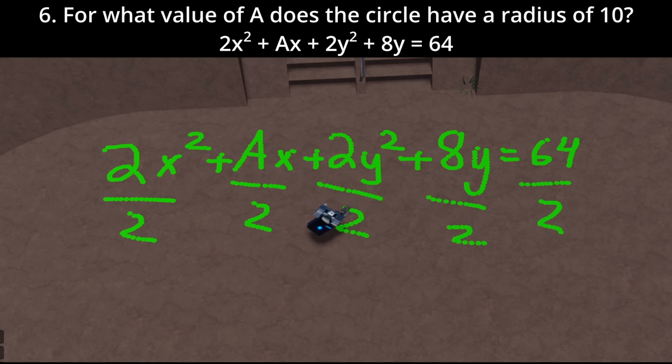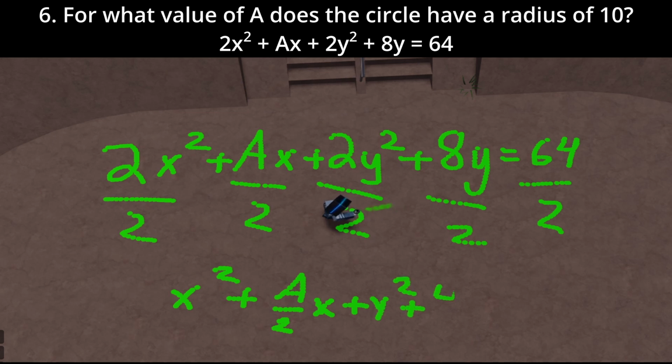So if I do that, the new equation I'll have is x squared plus a over 2 times x plus y squared plus 4y is equal to 32, because 64 over 2 is just 32. Let me erase all this up here now.